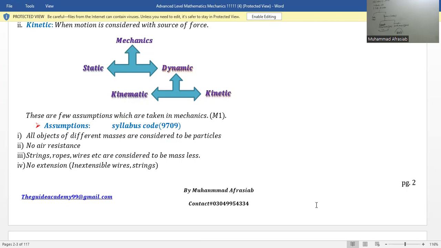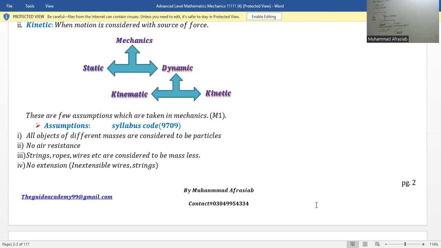Number two, no air resistance is being considered, although air resistance exists. Part three, strings, ropes, wires are all considered to be massless. Although a string has certain mass, a rope has certain mass, we don't consider their masses.